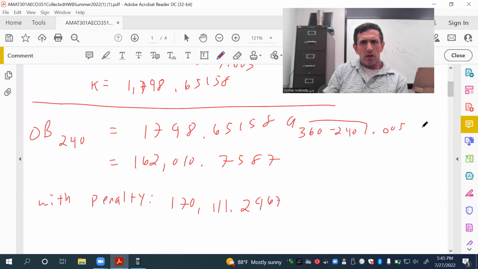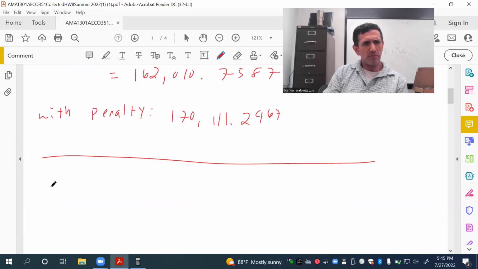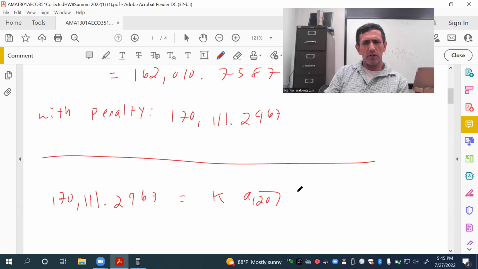All right, so finally, we're paying this off with constant payments for 10 years. Payments are at the end of each month. So 170,111.2967 is K times A 120. I-12 is 3% now, so 0.03 over 12 is 0.0025.